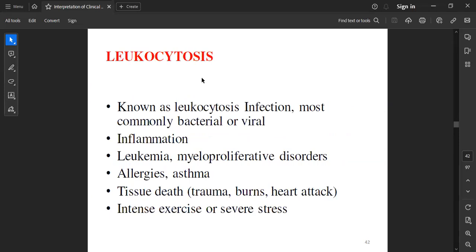It can also mean leukemia, especially if the values are overly high. So that can just point to bone marrow problems, allergies, asthma, tissue death, intense exercise, or severe stress.